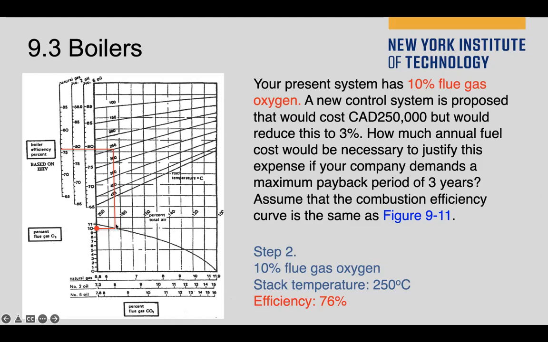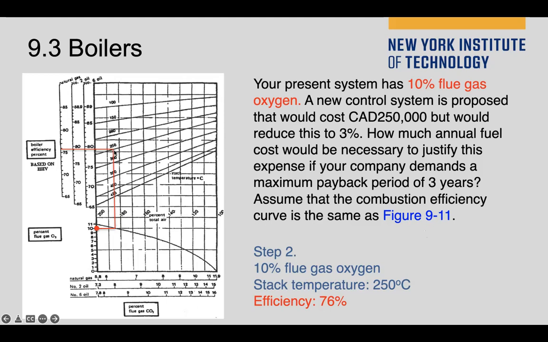After the horizontal line touches this curve, we draw a vertical line that touches the stack temperature. So what is the stack temperature? Why do I take 250? That is what we take as the reference from your textbook, figure 9.11.